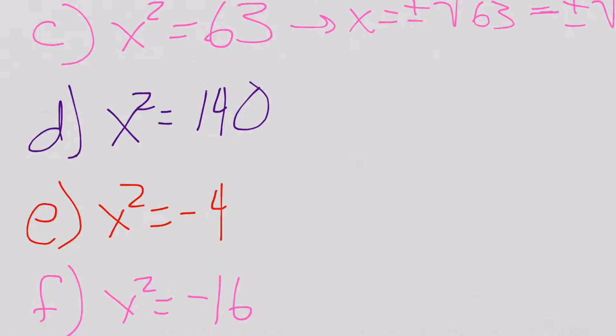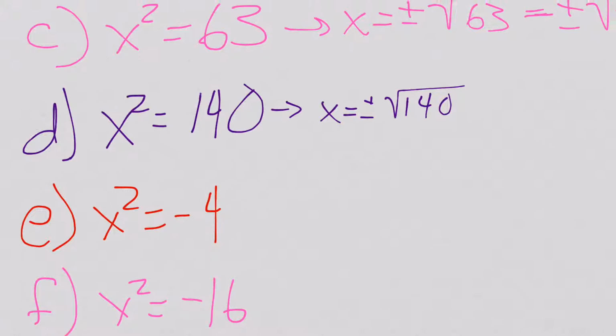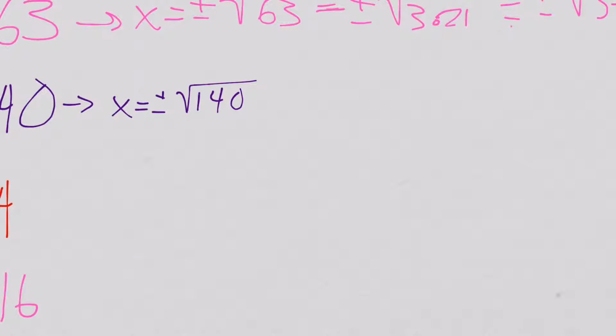Let's split it up. So that gives us x equals plus or minus the square root of 140. 140 is divisible by 2, so x equals plus or minus the square root of 70 times 2.